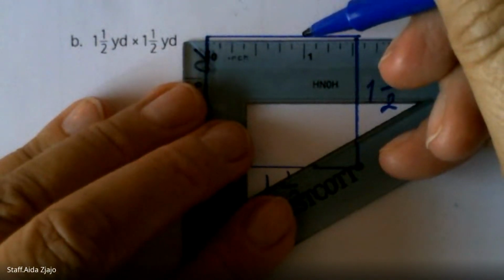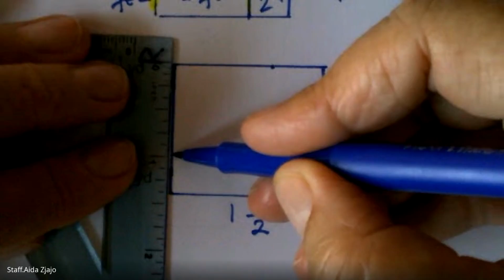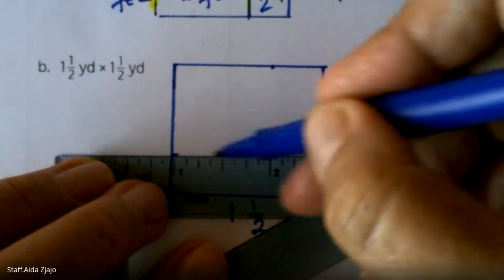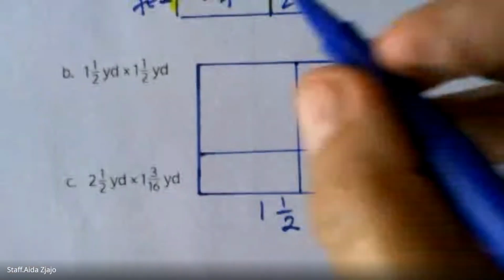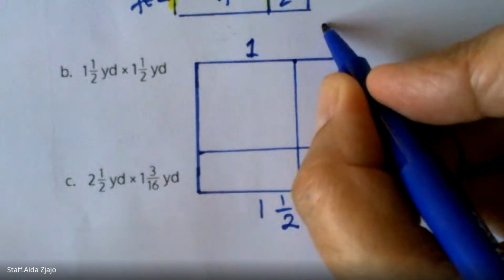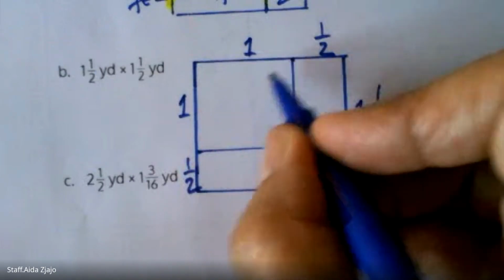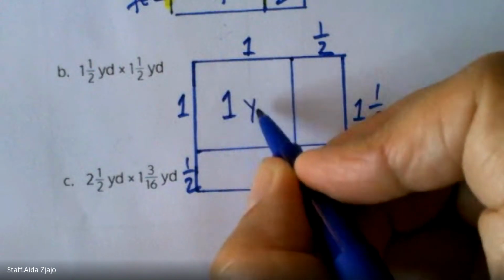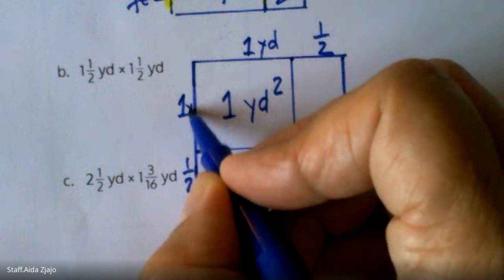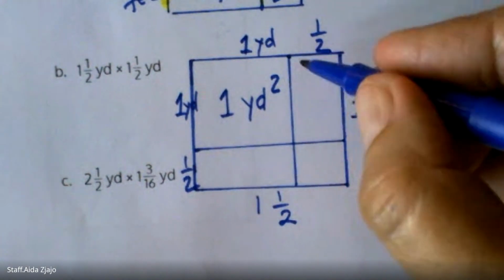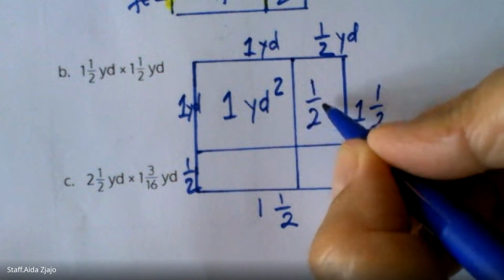It's pretty close, even though, okay, so 1.5. This is 1 and this is half. 1 times 1 is 1 yard squared because the units are yards. Okay, and this is 1 yard. 1 times half a yard is half a yard.